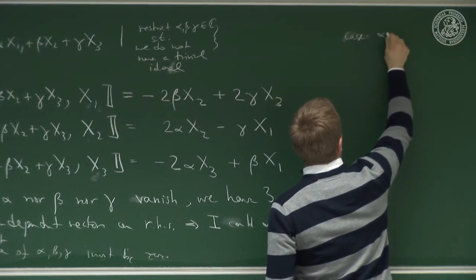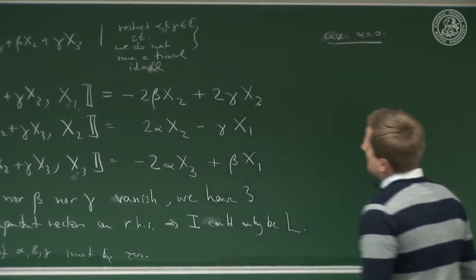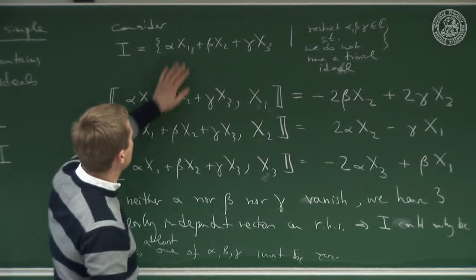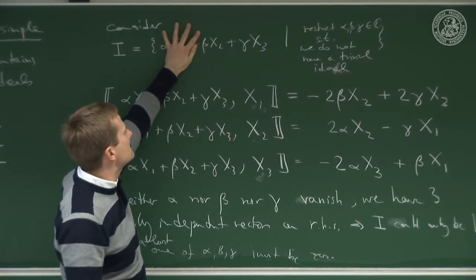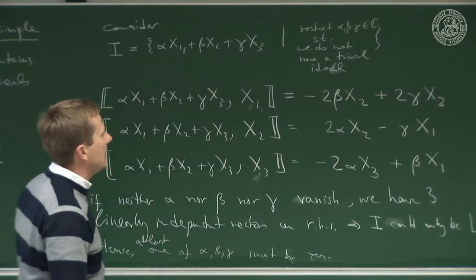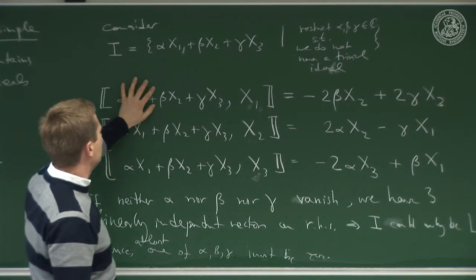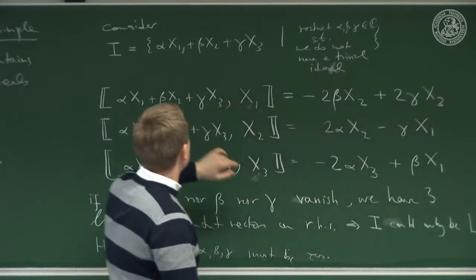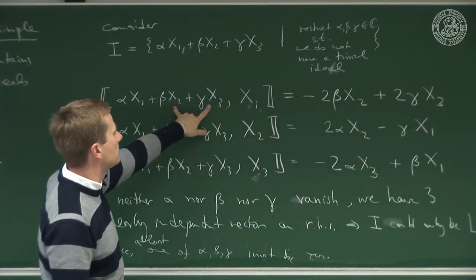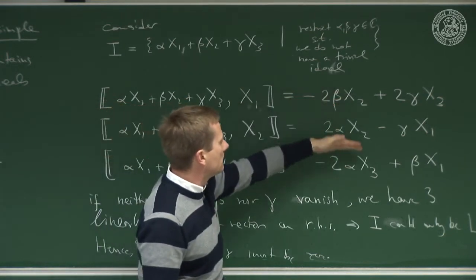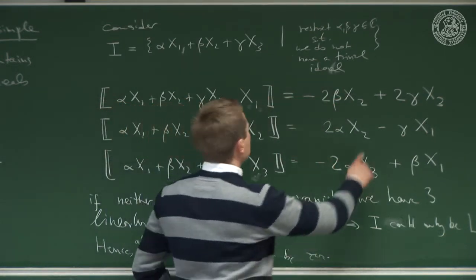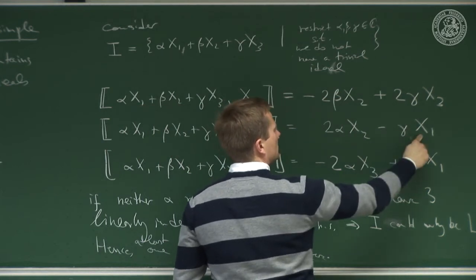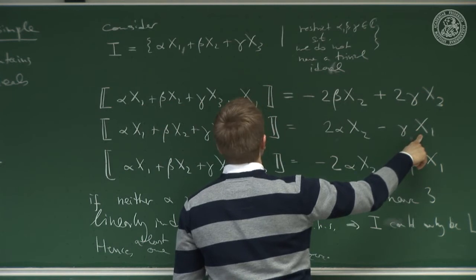Case alpha equals 0. Now let's assume alpha is 0. Now we set alpha to 0 here, that's our restriction, so it means our ideal just lies in the x2, x3 plane. Now if that is true, then in order to have an ideal, also the result must lie in the x2, x3 plane. But you see in the x2, x3, this gamma is in the way for this guy to lie in the x2, x3 plane.